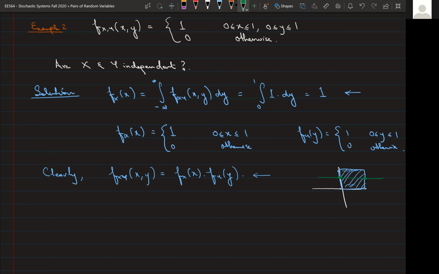Can we take a little digression into my intuition? I'm saying, sir, if we calculate f of x given y, where x is less than 0.5 and y is less than 0. Normally we do it as f of xy over f of y. But that turns out to be 0, that probability.